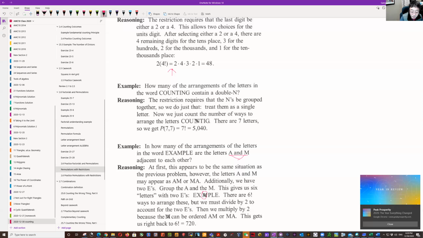Then we have 6 factorial ways to arrange those 6 letters. Because between A and M there are 2 ways to arrange them, MA or AM, we have to multiply by 2 factorial. So these are ways you can do it differently.